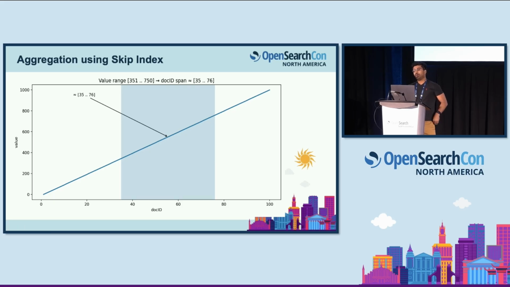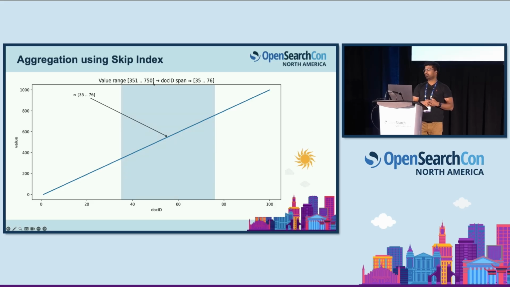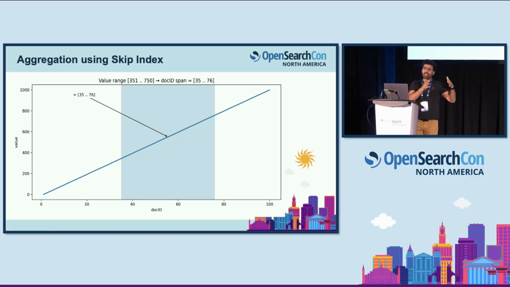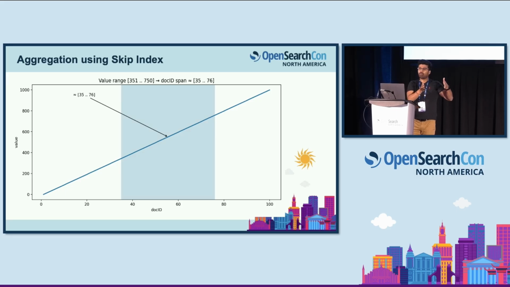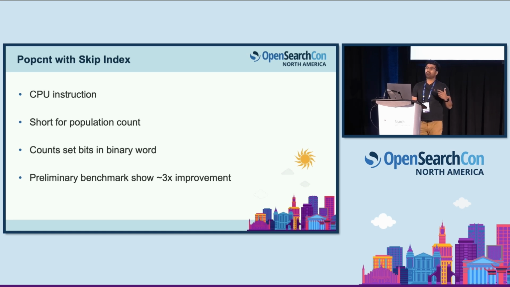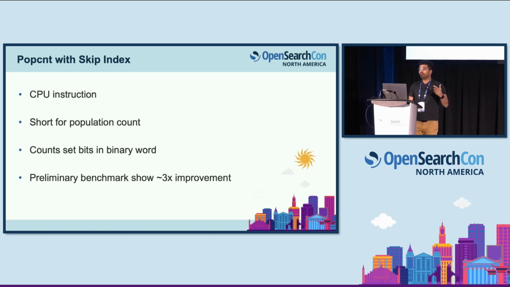So if all of these values fall in a single bucket for the date histogram, then we can efficiently say, okay, all the document IDs in the doc ID set iterator between this doc ID and this doc ID will go in a single bucket. And we can count all those document IDs very efficiently using a CPU instruction called pop count.